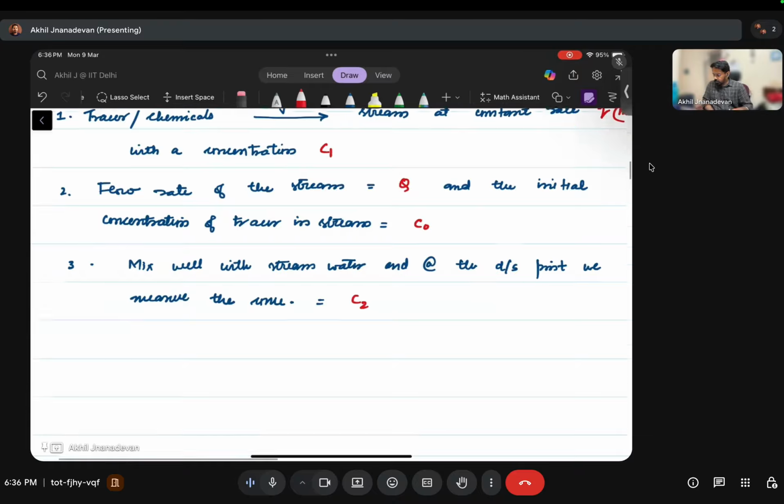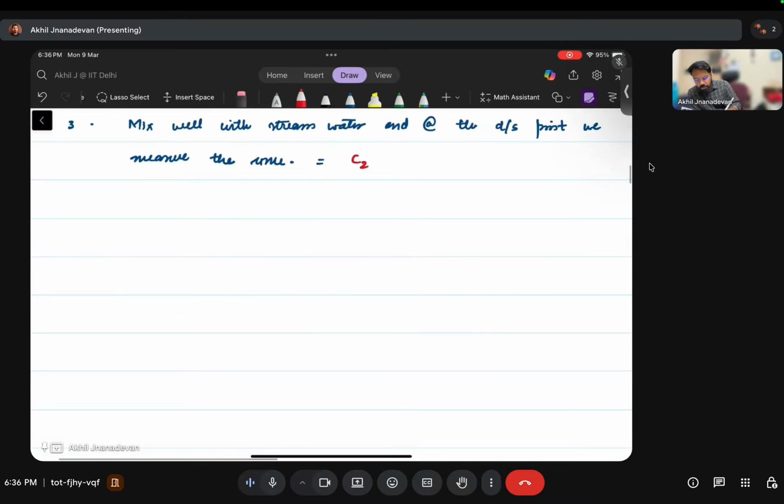Okay, now we will be applying the continuity equation. So when we apply the continuity equation, it will be small q, that is the flow rate of the tracer, into C1, the concentration of the tracer, plus capital Q, that is the flow rate of the river, into C naught, the initial concentration of the tracer, is equal to, at the downstream, the flow rate, which will be capital Q plus small q, into C2, that is the concentration.